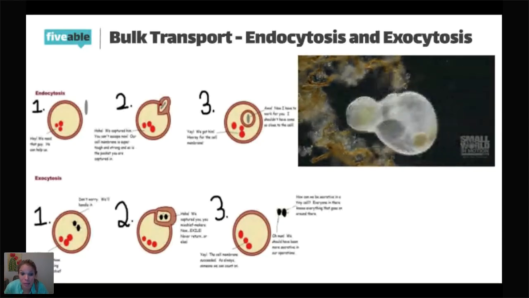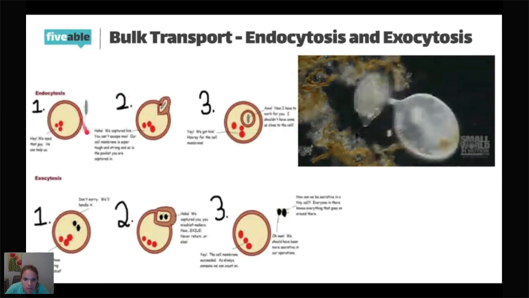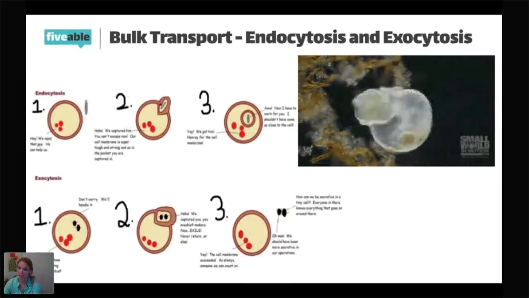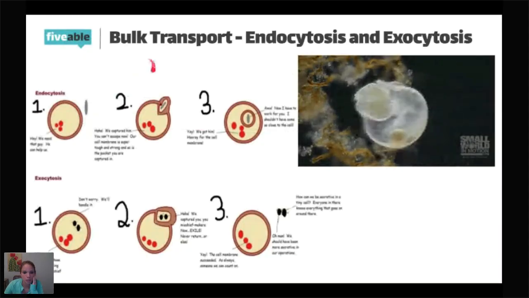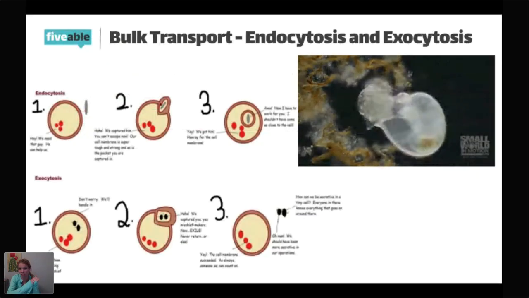It's when the cell membrane, so you can kind of see it over here with endocytosis, because this is an example of endocytosis. So this foreign particle could be another cell, it could be some giant food molecule, it could be a lot of different things. It can be anything that's big, basically. And so what it's going to do, it's basically just going to punch into the cell membrane, or the cell membrane is going to chase it, or the cell is going to chase it and chomp it.